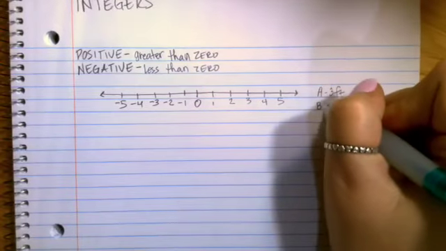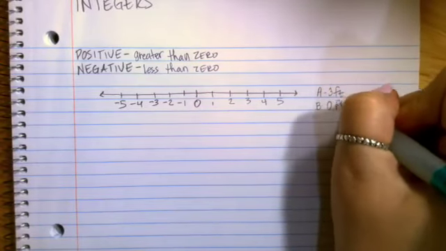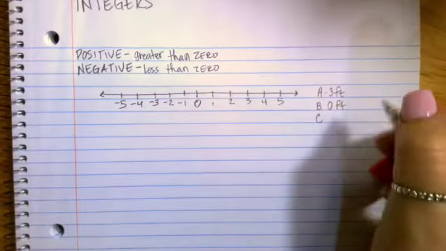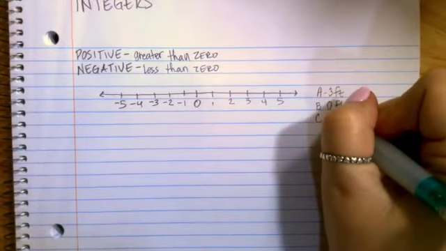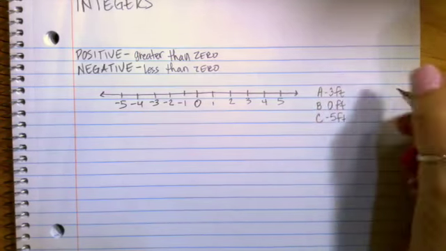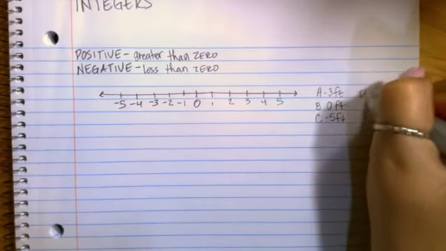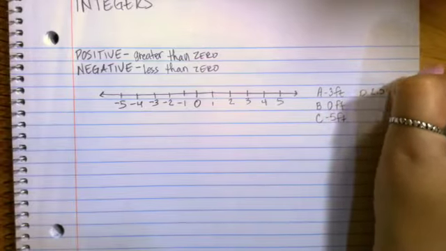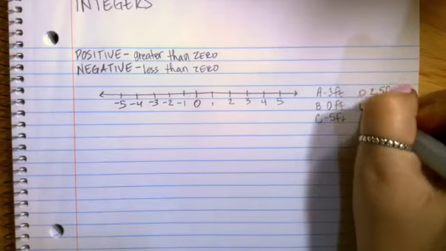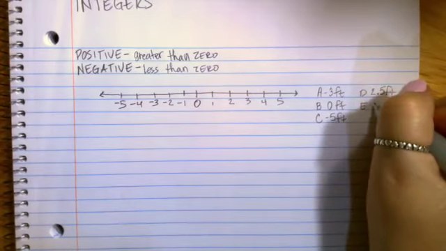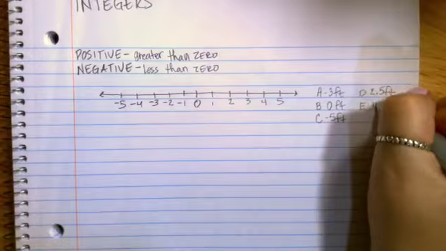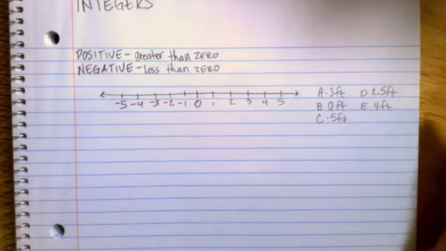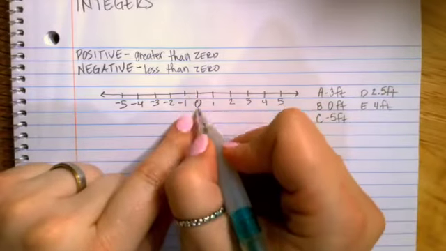Location B could be at 0 feet. Location C could be at -5 feet. Location D could be at 2.5 feet. And location E could be at, I don't know, let's say 4 feet above sea level. Remember, sea level is right here at 0.